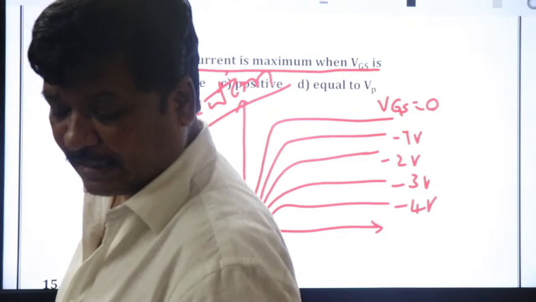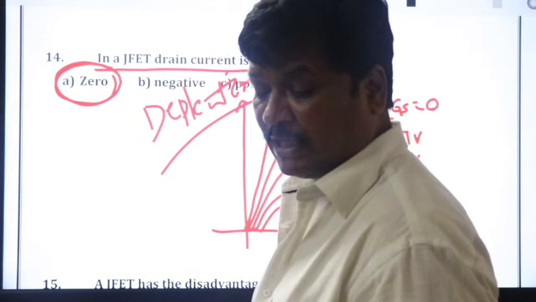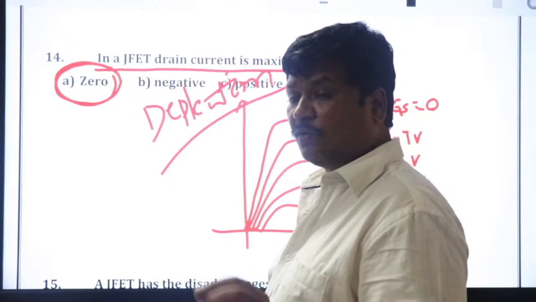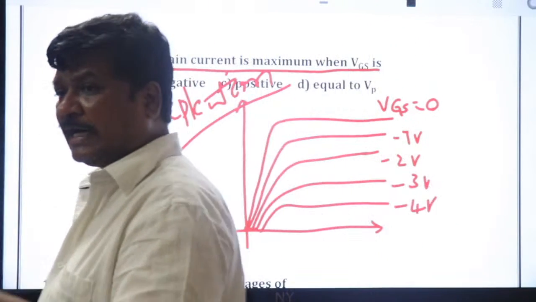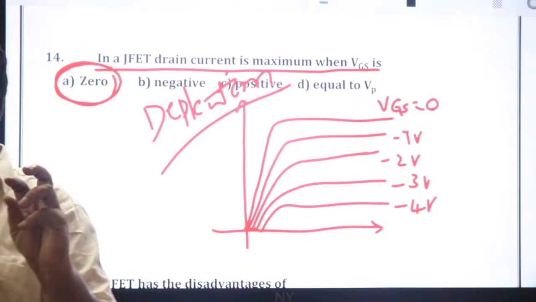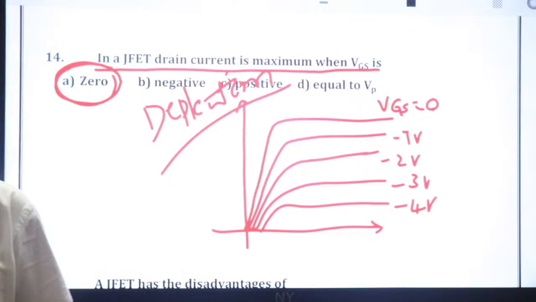Why have some students given different answers? Be careful. If you have any doubt, please note down the doubt and think again about that question, how we got that answer. That gives you some knowledge.